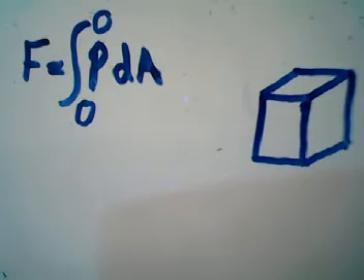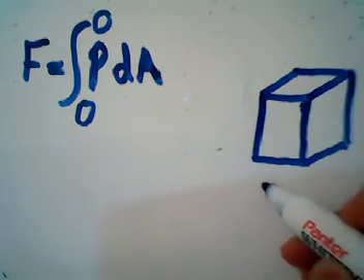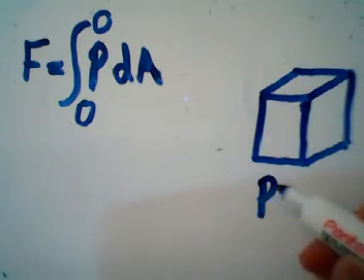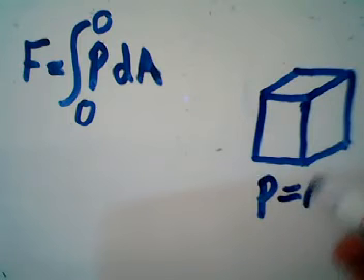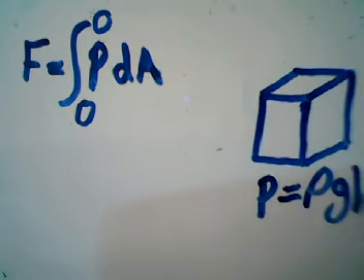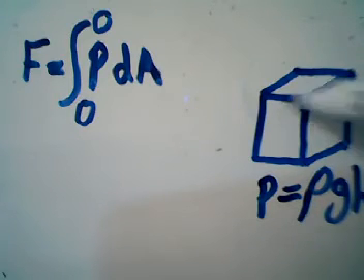Okay, and now again from physics we know that the pressure here would be equal to rho g h. Here rho is the density of water, g is the acceleration of gravity, and h is the distance from the water surface, from the top.